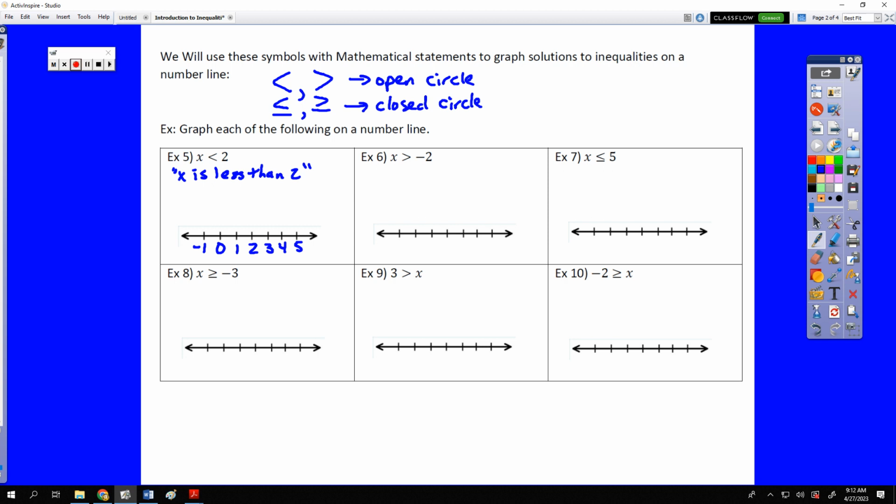Now, this is a less than symbol, which tells us open circle at that value 2. So we just circle the dash mark that is at 2.